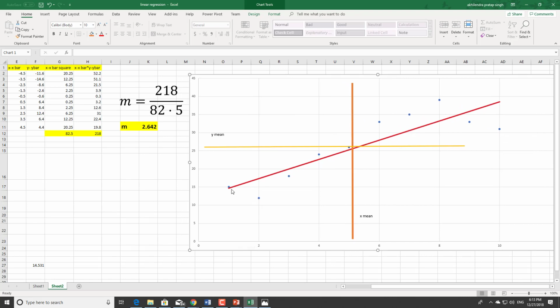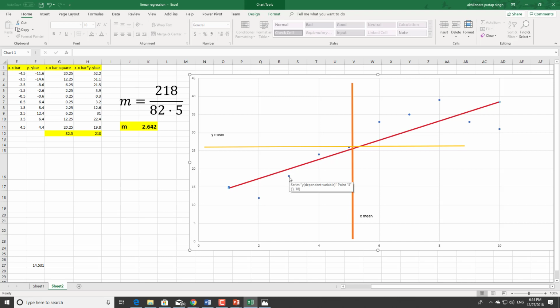So these are the individual data points. So when x is 1, y is 15. When x is 2, y is 12.